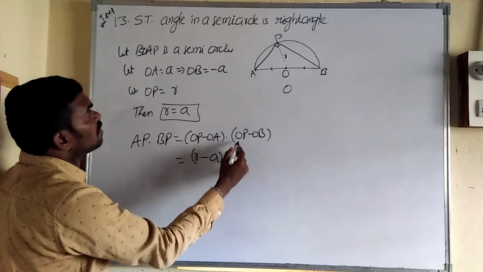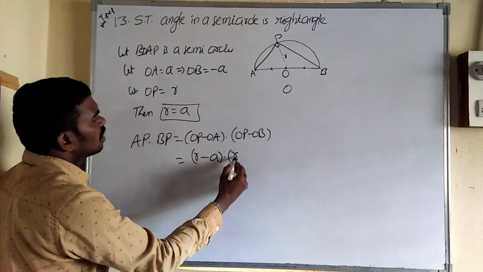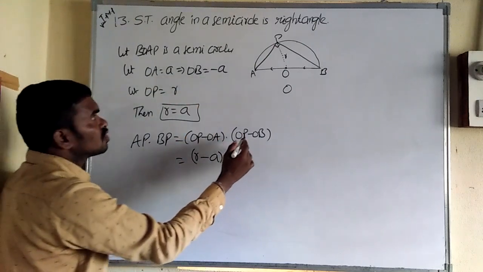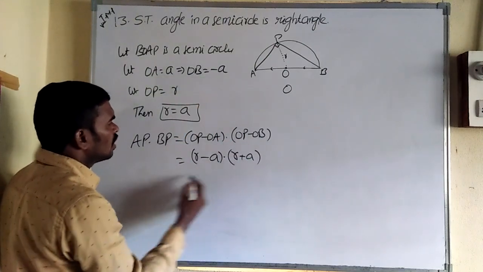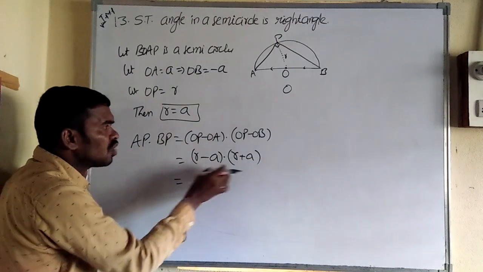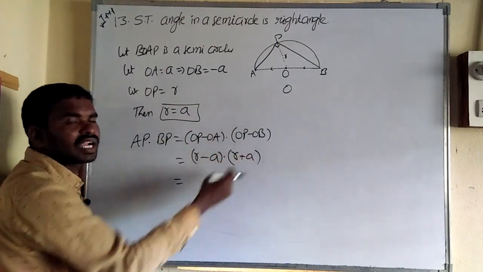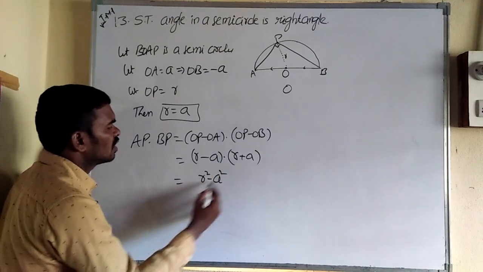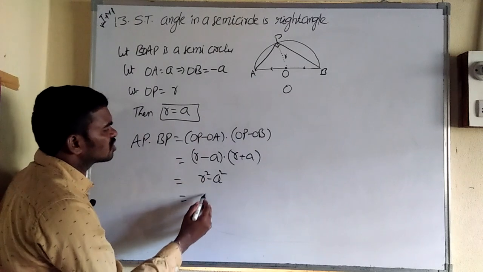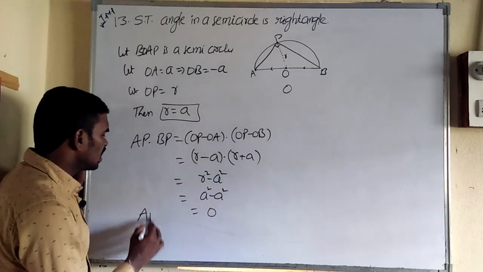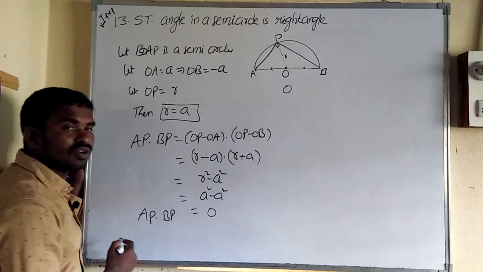Dot, OP is small r, minus OB; OB is minus a, so minus OB becomes plus a. So (r minus a) dot (r plus a), these two are scalars, so we can directly multiply. R minus a into r plus a is r square minus a square. What is r actually? It is a, so a square minus a square is equal to 0. So we got AP dot BP equal to 0.